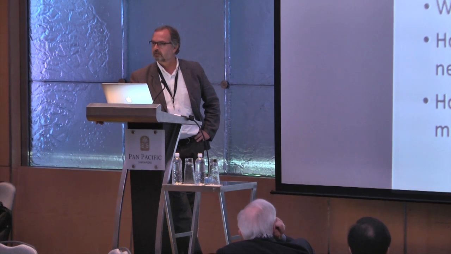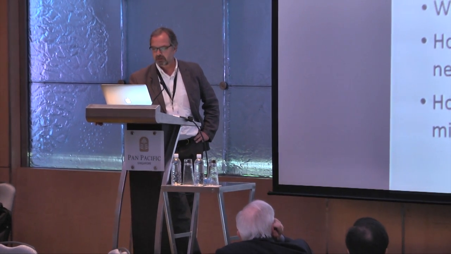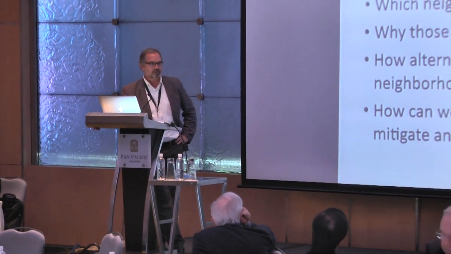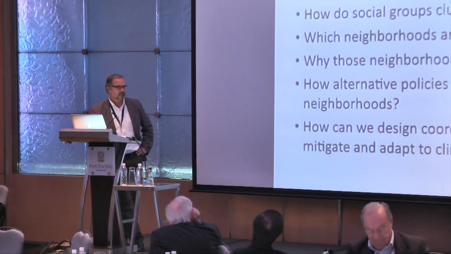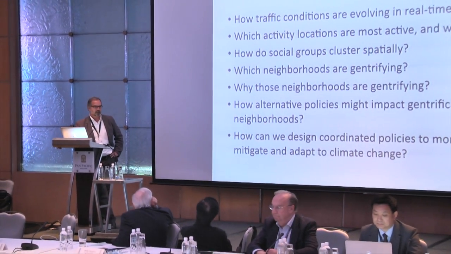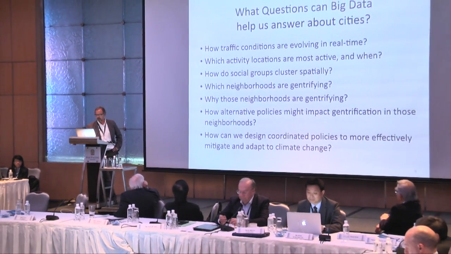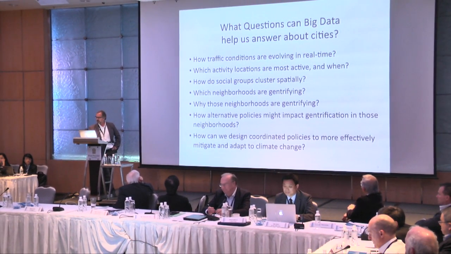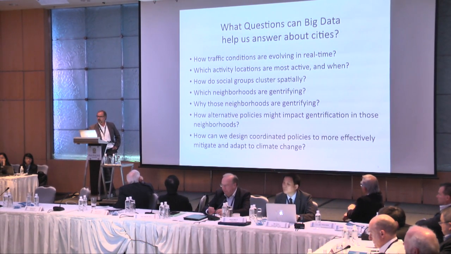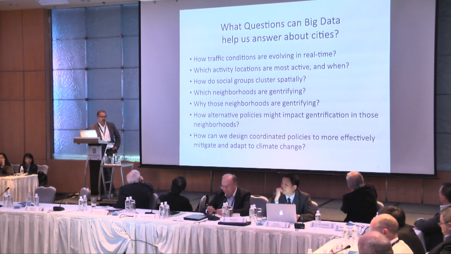What do you think? Probably so. There's plenty of data that begins to tell us about that. What about which neighborhoods are gentrifying? Also positive? Right? You can probably find records that will give you inferences about that. What about why those neighborhoods are gentrifying? You'd have to think about that one a little bit harder, wouldn't you?